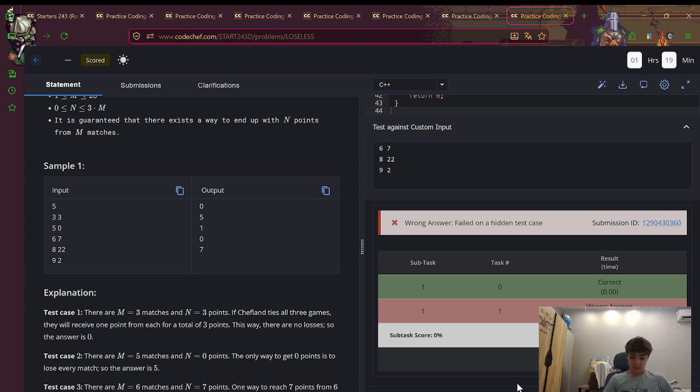For example, 4 and 7. If I do win, then it's going to be 1 and 4. Oh no, I missed. 3 and 4 times 1. Okay, I think so.